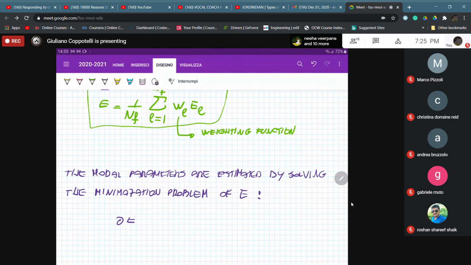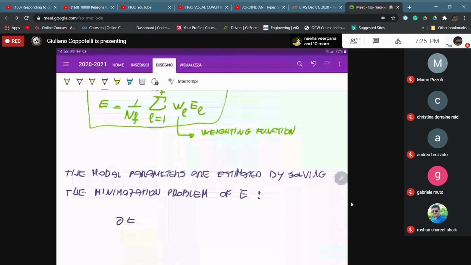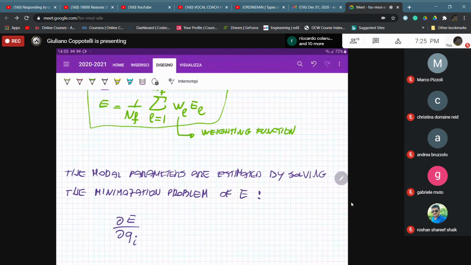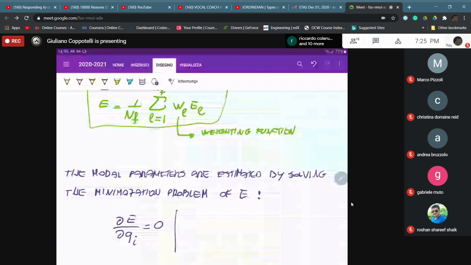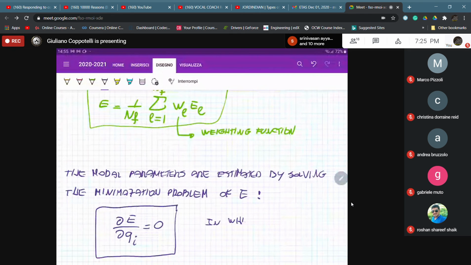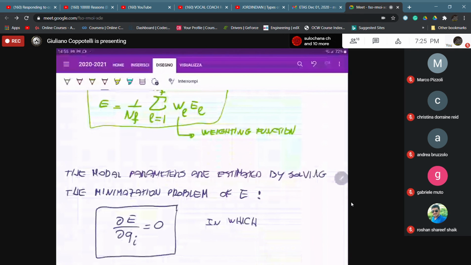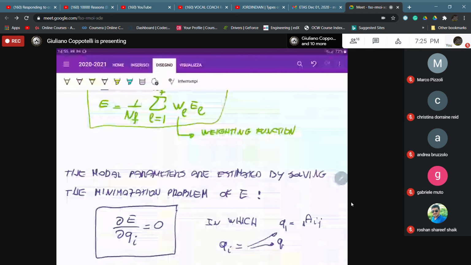The derivative of E over Q_i should be equal to 0, in which, of course, your Q_i are, for example, Q1 is the first residual, Q2, and so on, going down to the number of unknowns.